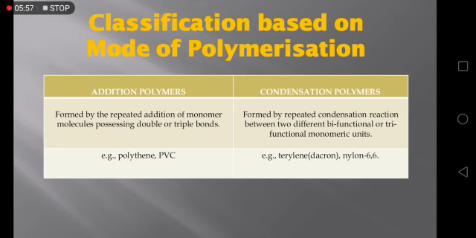So here in condensation polymers, the units are formed by repeated condensation reaction between two different bifunctional or trifunctional monomeric units. I hope you understand the meaning of bifunctional or trifunctional now. That is the monomers having two or more functional groups in them.